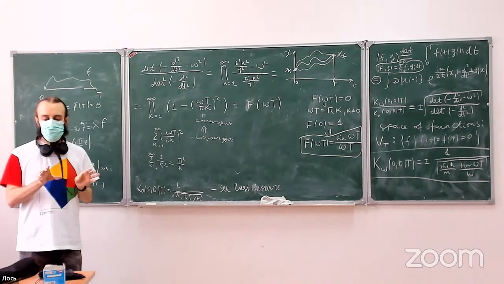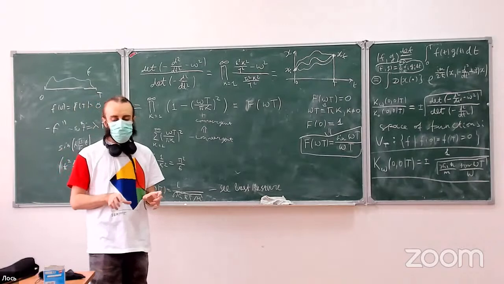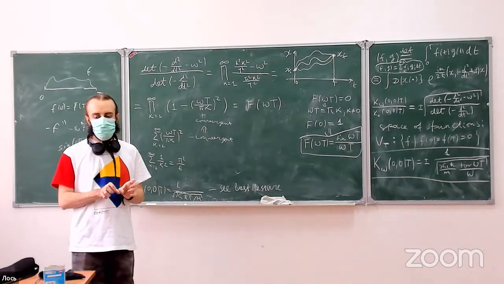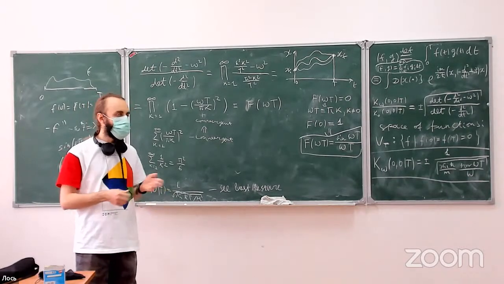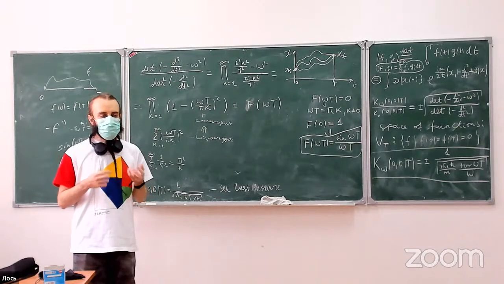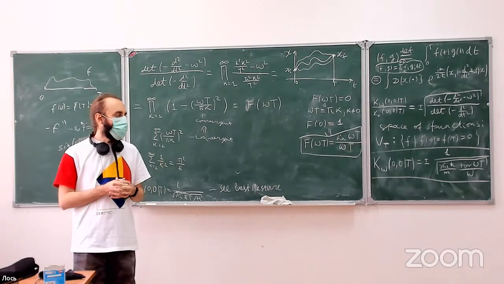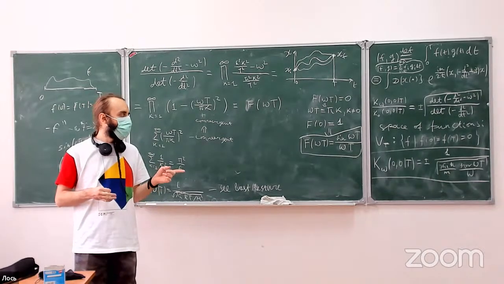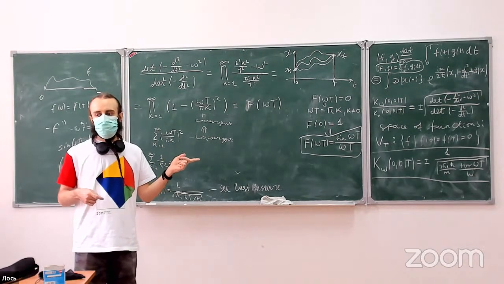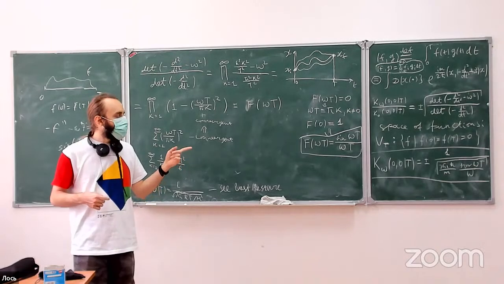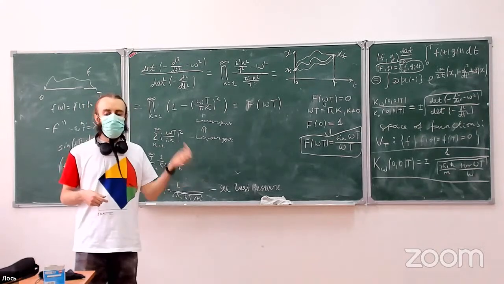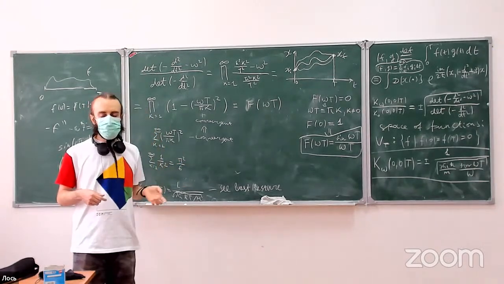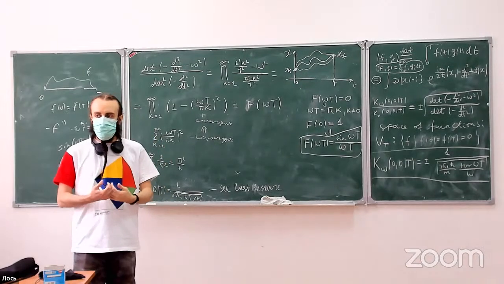The composition of two kernels for times t1 and t2 equals the kernel of time t1 plus t2. You compute this integral, and from this computation you can get a functional equation for K omega, which has precisely this solution. So once you already know it, you can verify the answer by explicit computation.